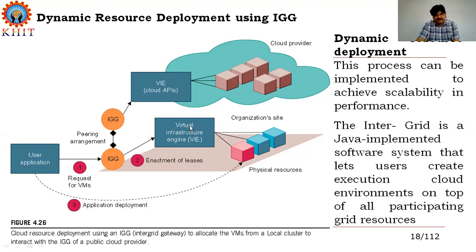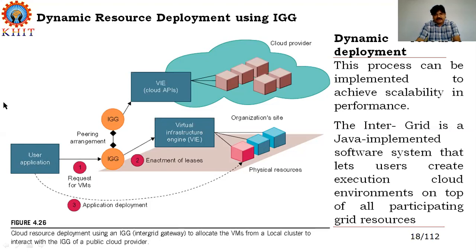The virtual infrastructure engine will process the request and it can be posted into the organization site, the physical resources. And whenever the end user wants to deploy his application on the local machine, he can directly store his application on the local machine. So he has direct access.